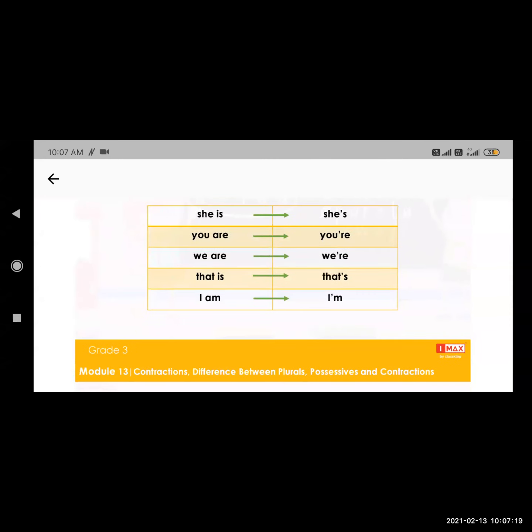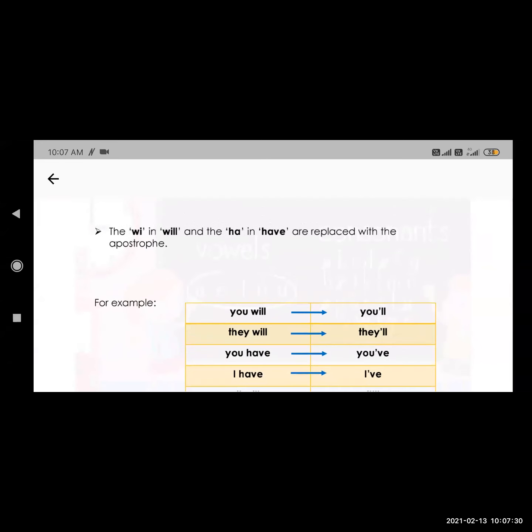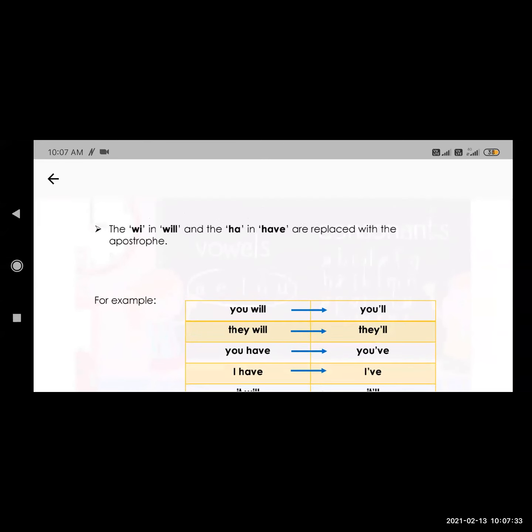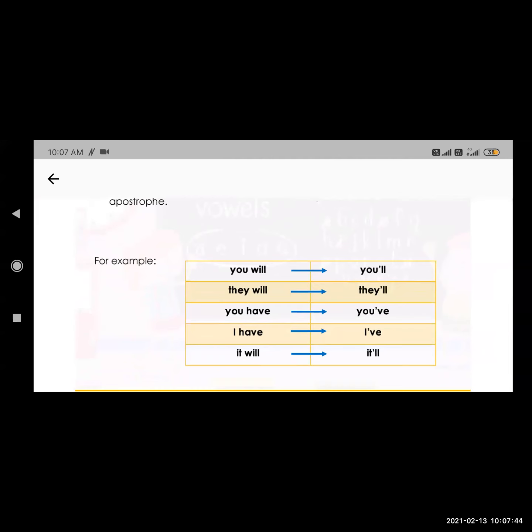Now contraction with will and have. Will and have also involve contraction, like they will. In that, wi is replaced, and ha is replaced from have, with the apostrophe. Like you will, you'll; they will, they'll; you have, you've; I have, I've; it will, it'll.